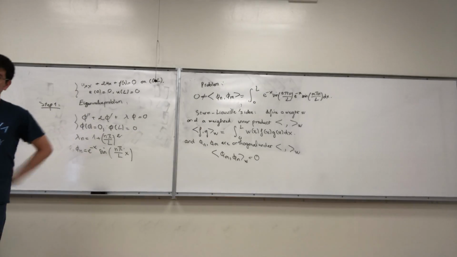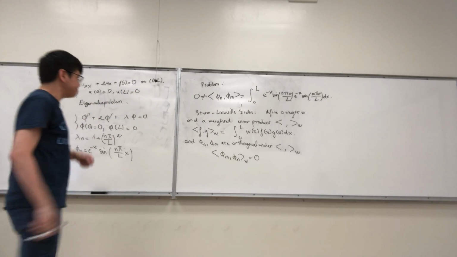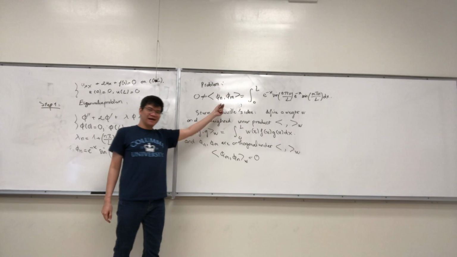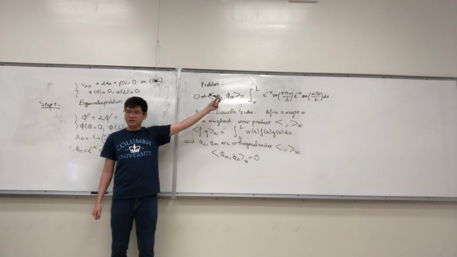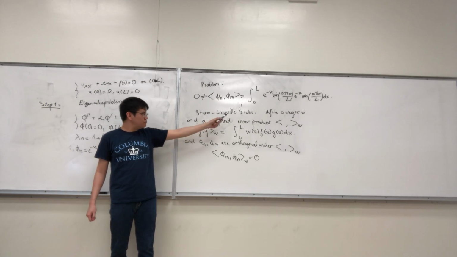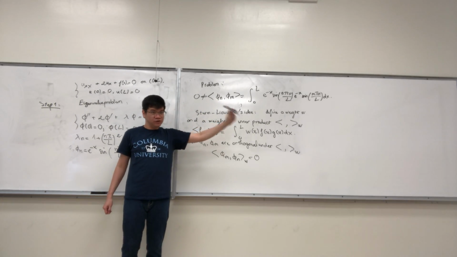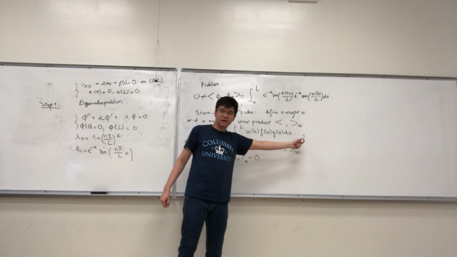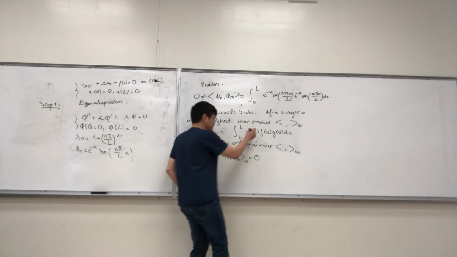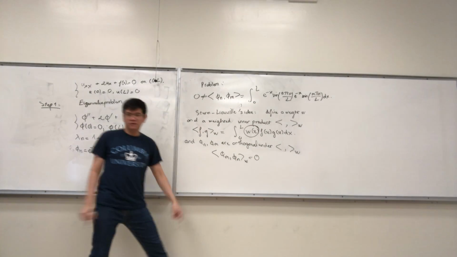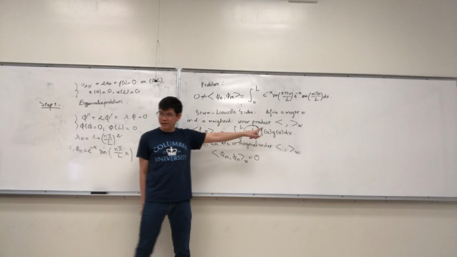So in the previous class we know that under the classical inner product, phi_n and phi_m are not orthogonal. So the idea of Sturm and Liouville is to define a new weight and a new inner product. The new inner product will be the classical inner product multiplied with the weight inside.